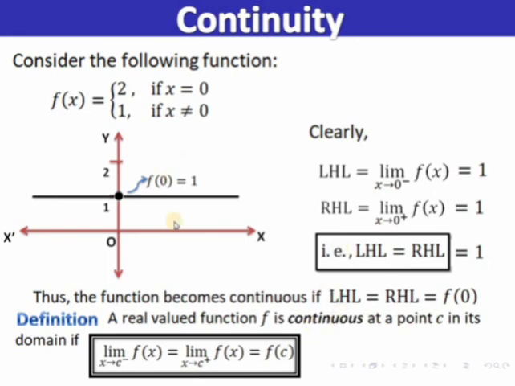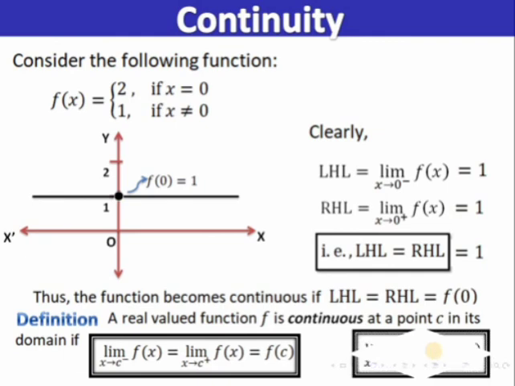Okay. So in this example, I have taken the point C to be 0. We are checking the continuity at point 0, but in general we call that point C, which comes from the domain of the function. Okay. So that's the definition of continuity of a function.